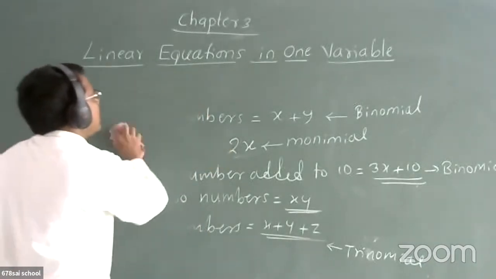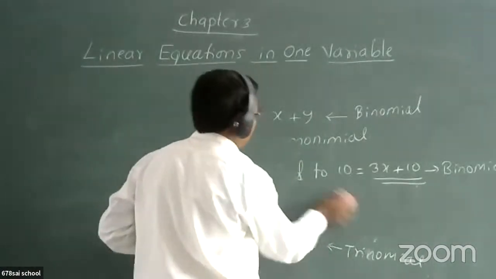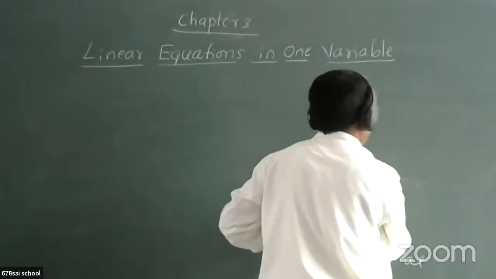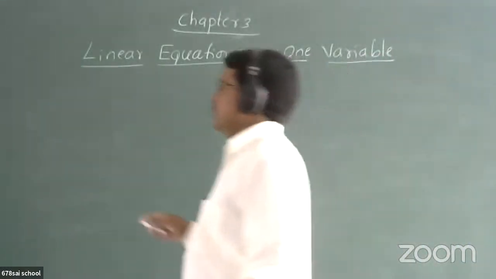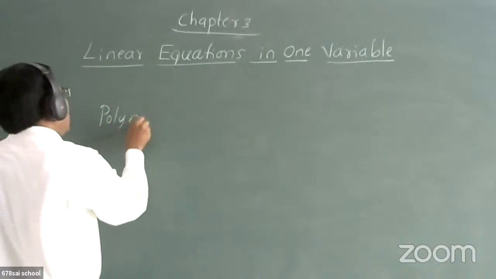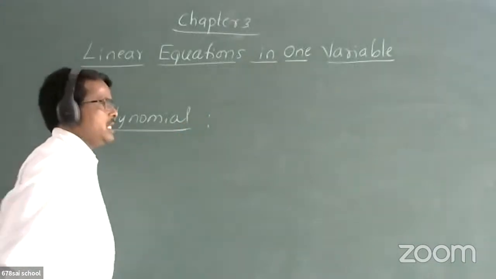In general, if there are two or more than two terms, we call those algebraic expressions polynomials. What is a polynomial? A polynomial is also an algebraic expression.